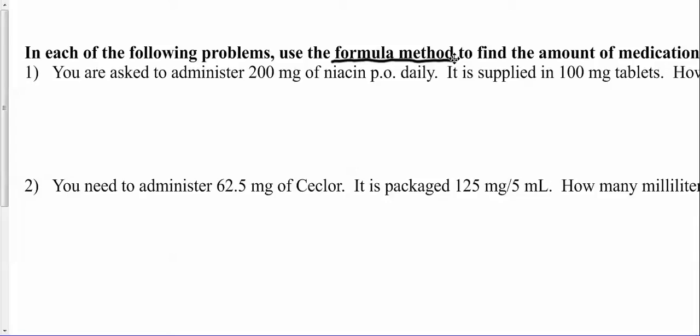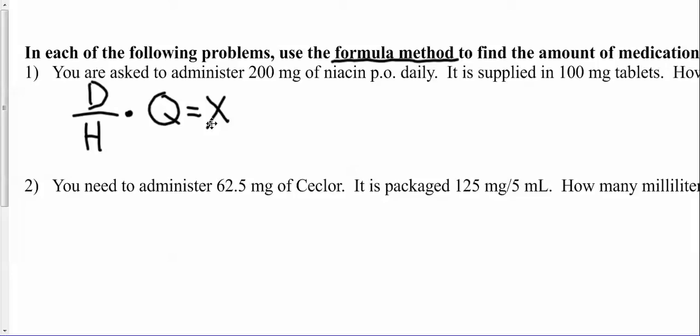All right, so we're going to write the formula. Again, the formula would be D over H times Q is equal to the amount that we have to give the patient. Now, in this problem, D stands for desired, which is what is ordered.